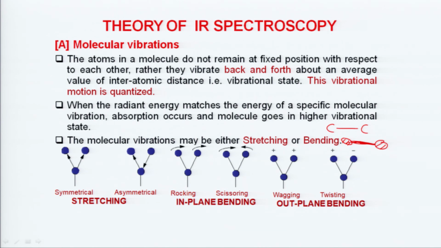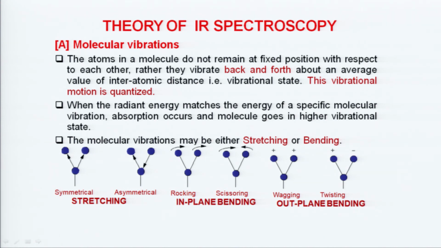These are actually vibrating back and forth. This vibrational state is quantized. Quantization is the heart of spectroscopy, I have discussed it. So, means this vibrational level, after that a certain next vibrational level, and so on, and those vibrational energy levels are quantized.